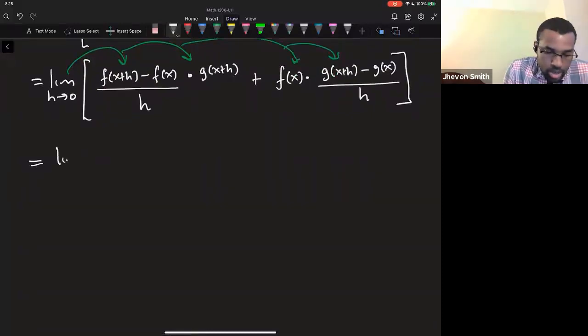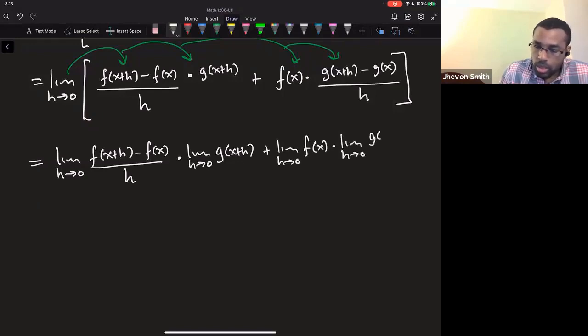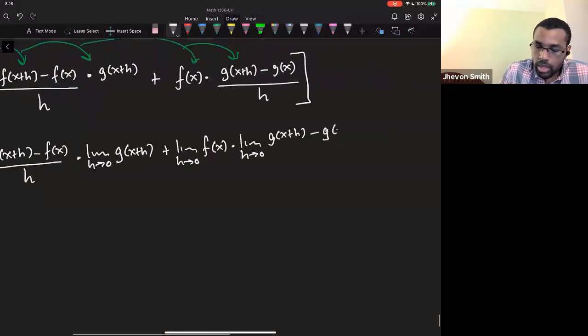So this is going to be the limit as h approaches 0 of f of x plus h minus f of x over h, times the limit as h approaches 0 of g of x plus h, plus the limit as h approaches 0 of f of x, times the limit as h approaches 0 of g of x plus h minus g of x all over h.